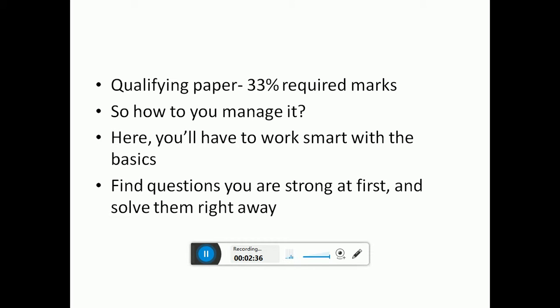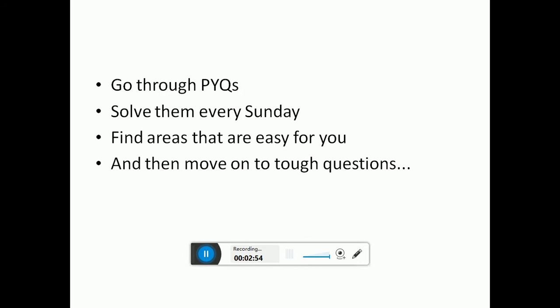They will secure you a certain amount of marks at least, and there'll be the least chance of doing them wrong because you're strong with their basics, and within the given time you'll be able to solve them correctly, because as you know there's negative marking in the second paper also. So yes, the best way to practice is to go through previous year question papers first.